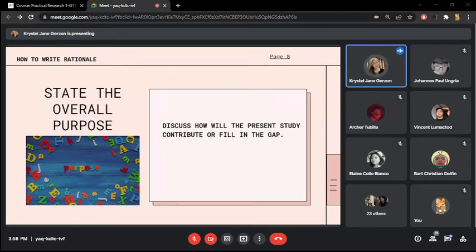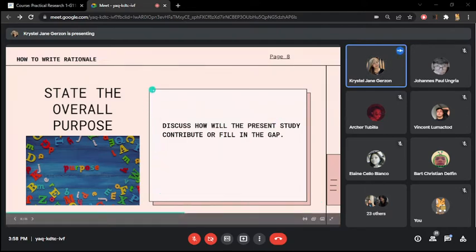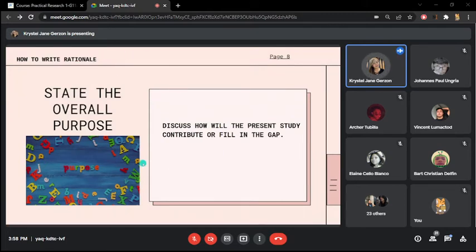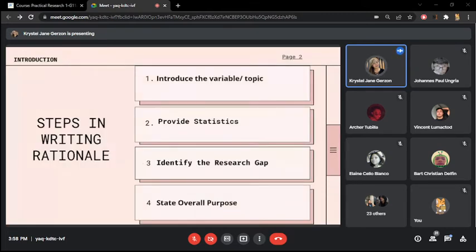It's different from your objectives. Your objectives tell us what the study is trying to get. But the overall purpose would tell us what's in it, what would be the benefit, if ever you would be able to explore the experiences of these students. So these are the four elements that I will be looking into when I check your rationale.